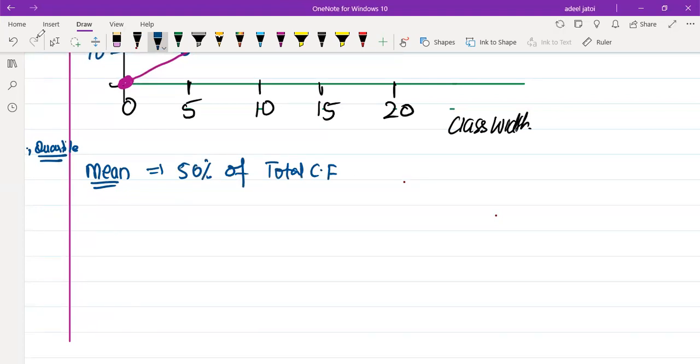But with the help of this, you'll be getting mean through the extended line. Extended line from the cumulative frequency to the class width of that particular question.